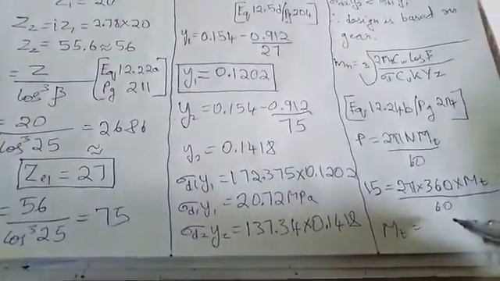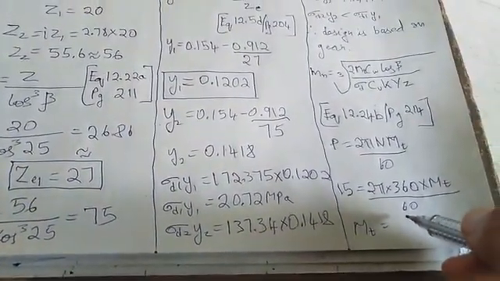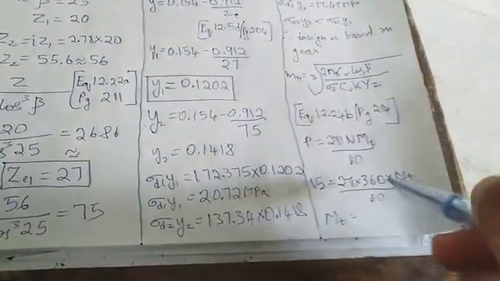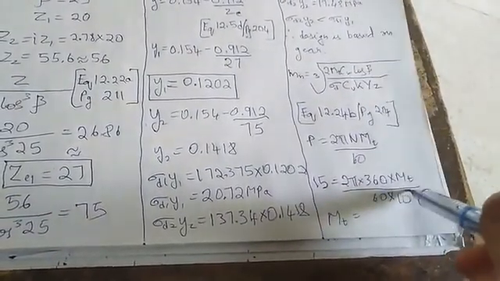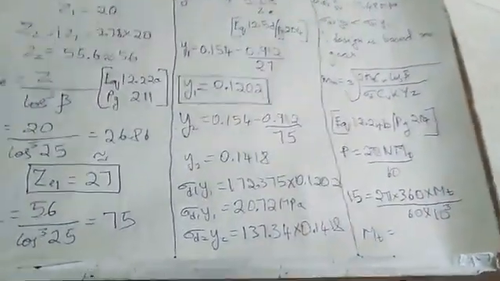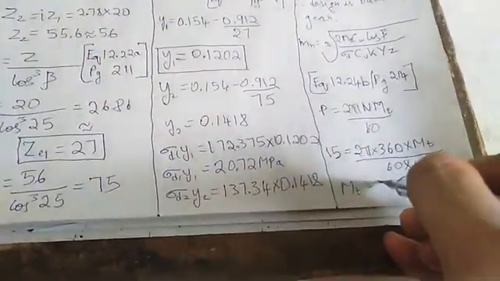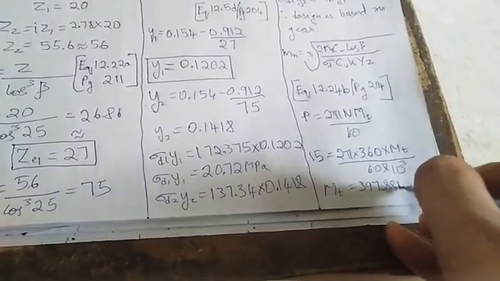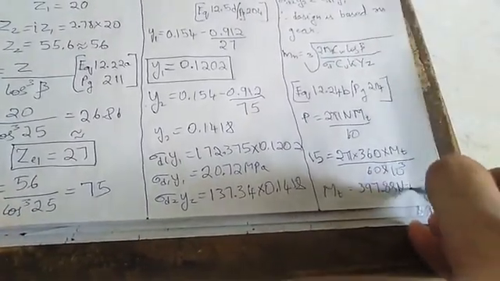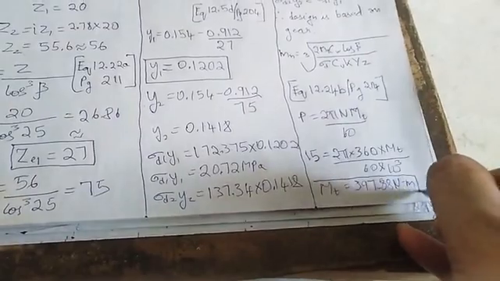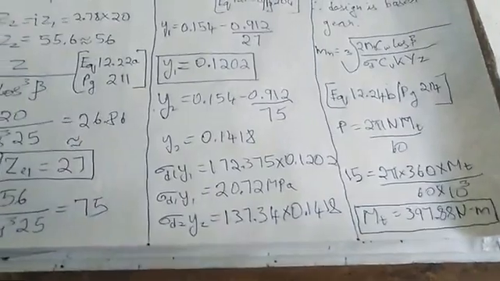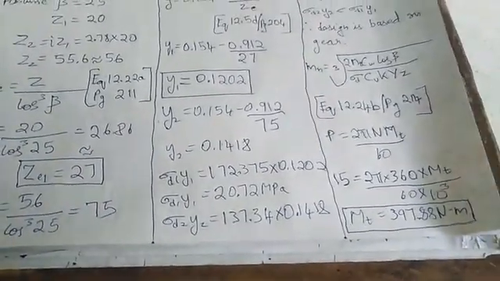For 15 I need to write into 10 power 3 because it is kilowatt. The value of MT is 397.88 Newton meters.